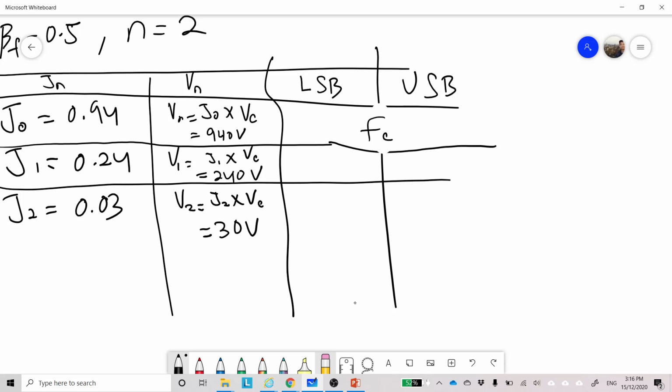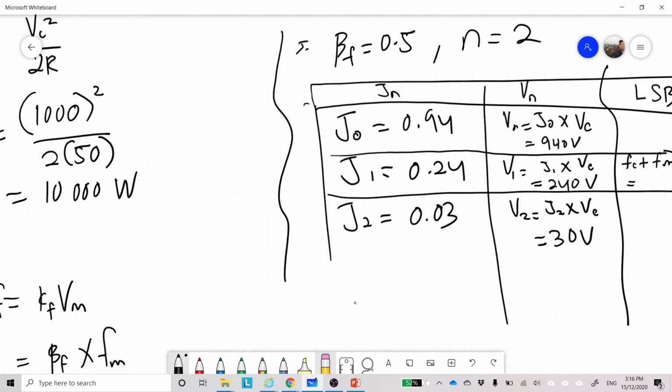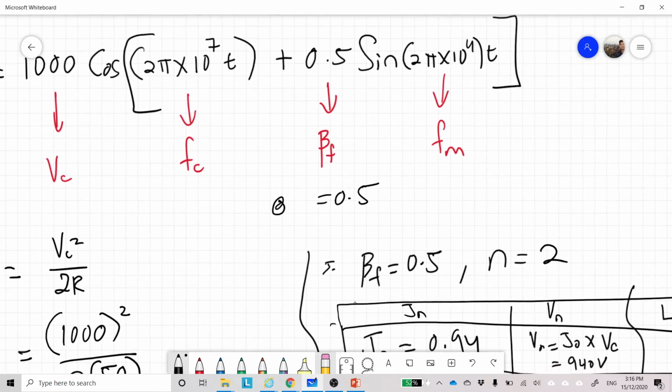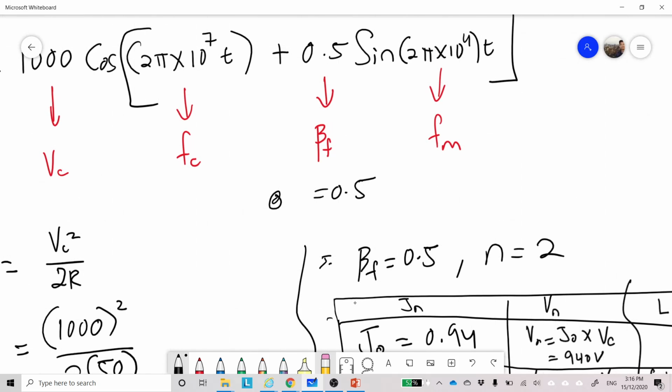And then J1 is located at FC plus FM. So which is equal to FC adalah, FC tadi berapa? FC adalah 10 mega dan juga FM adalah 10K.